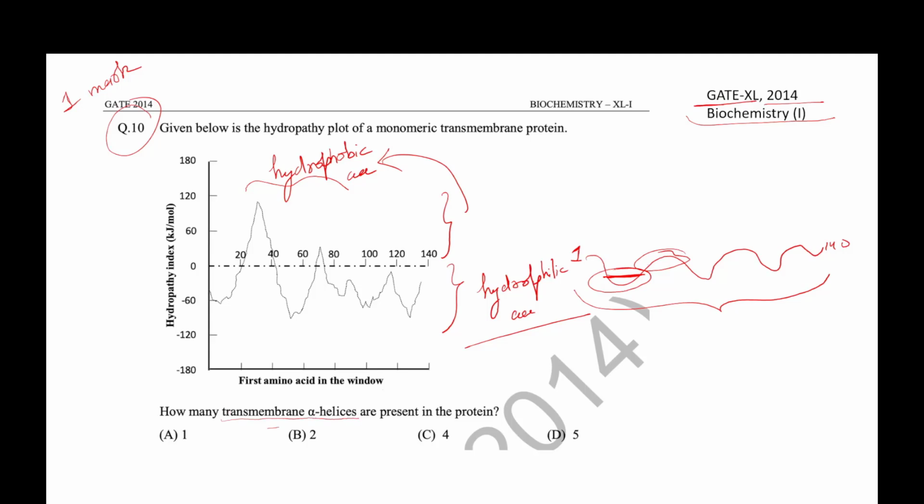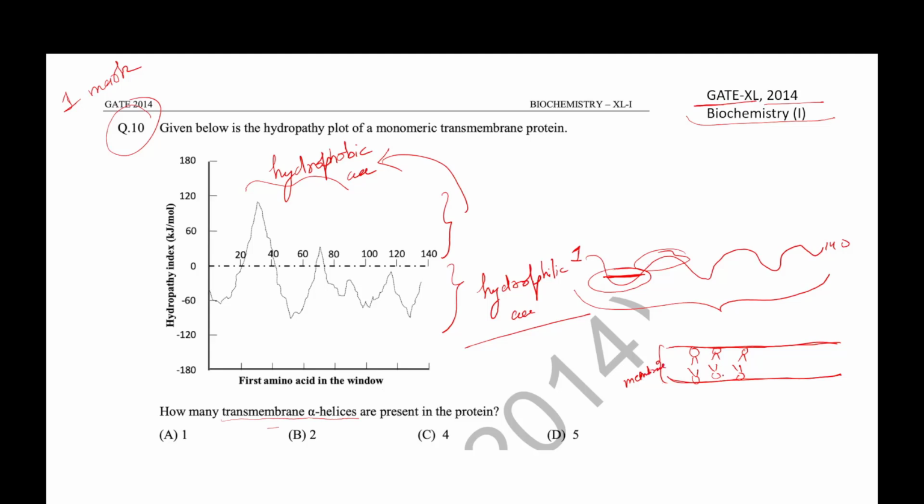Transmembrane alpha helices means in the membrane of the cell. We know our membrane is a bilayer, a phospholipid bilayer. This is our membrane.